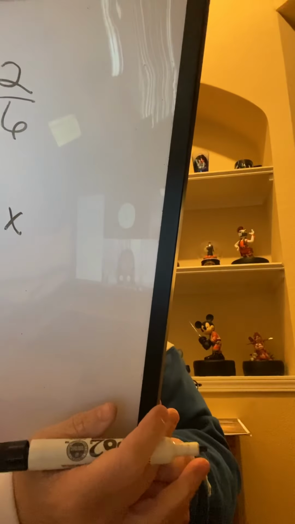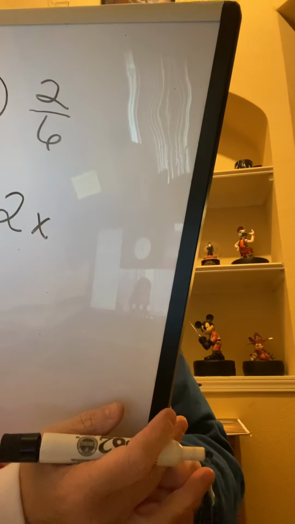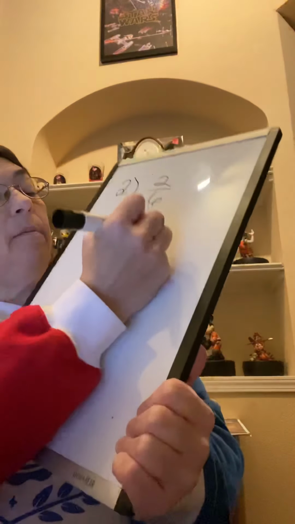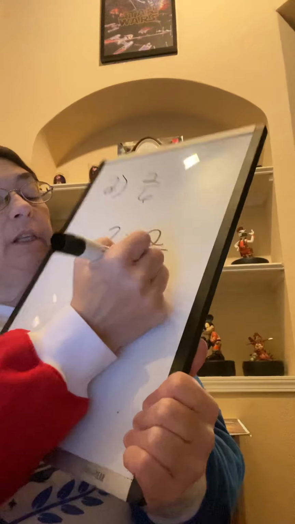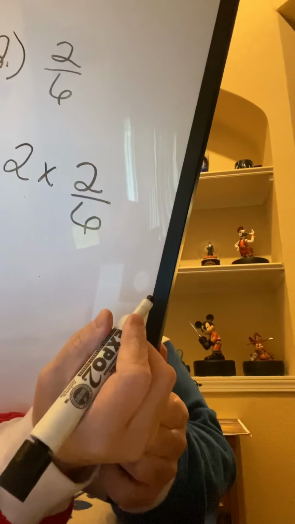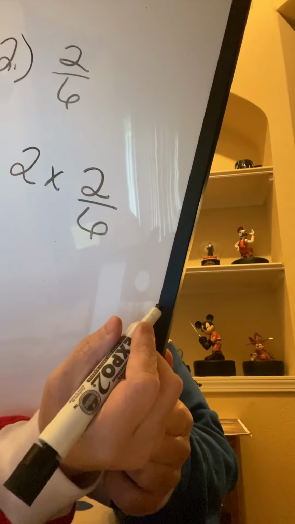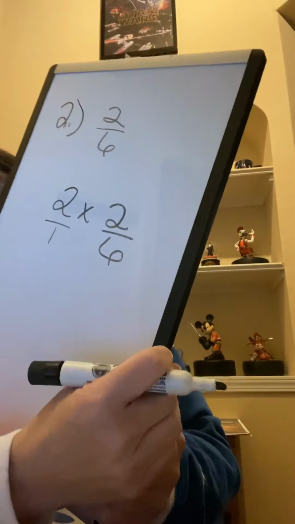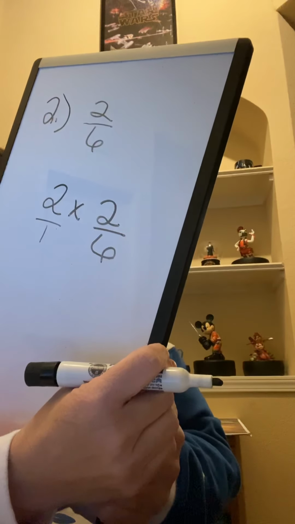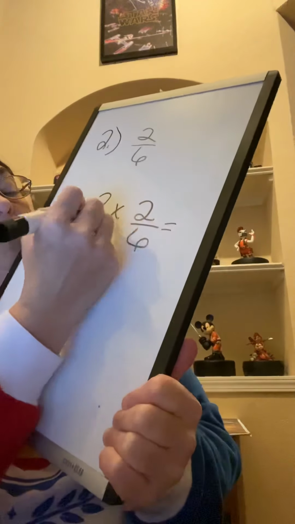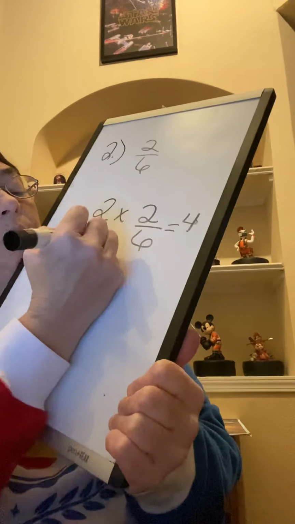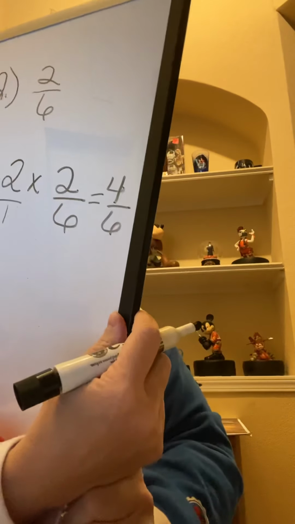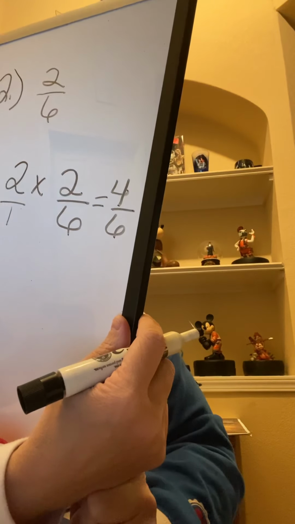So that's the first thing I do is I figure out how many pieces are in my pie out of how many pieces total were my pie. Now, I'm going to multiply the 2 over 6 by the 2. Always remember that your whole number is over 1. All right. So 2 times 2 is 4. 1 times 6 is 6. I do not have to change that because my top number is smaller than my bottom number.